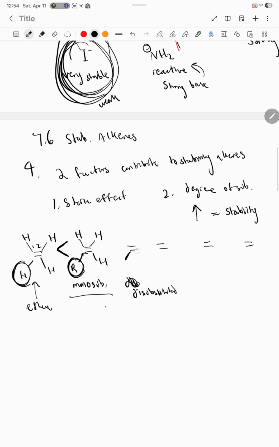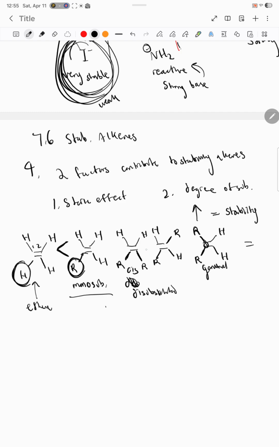For example, they could be on the same side, known as cis, where both are R groups and the remaining is just H. Or there's also trans, which means diagonal, and then the hydrogens fill in the rest. Or there is this form, which is called geminal. Geminal just means on the same carbon there's an R group on both.